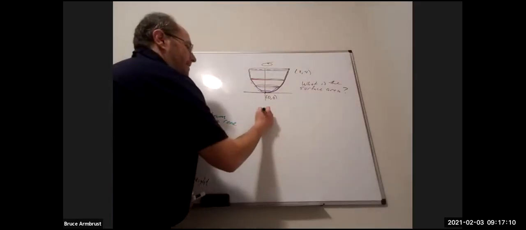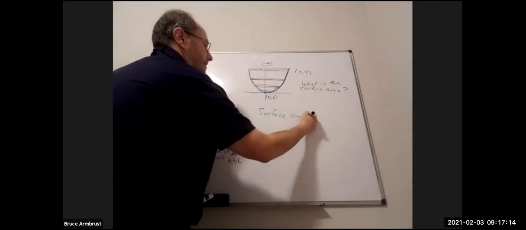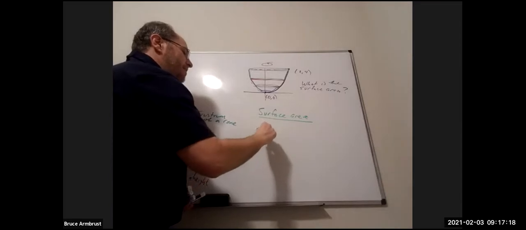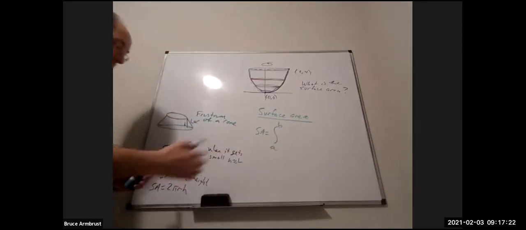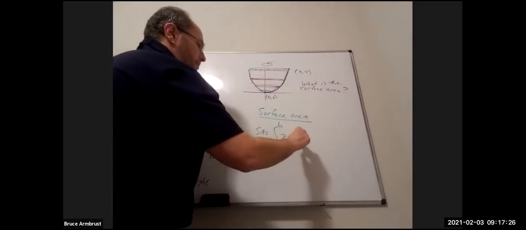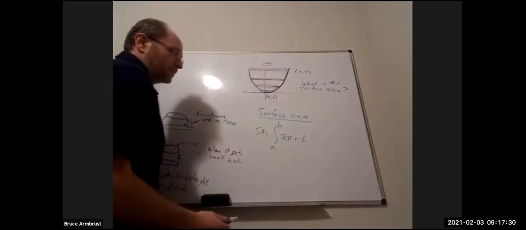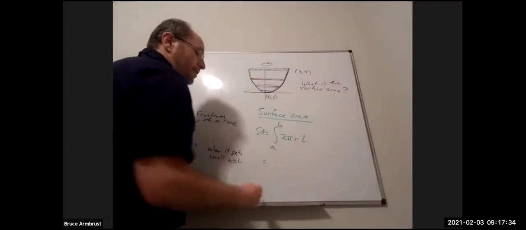All right, well, what that leads to is this formula. The surface area is going to equal the integral from a to b, so from wherever to wherever, 2 pi r L. And so there are going to be two forms.